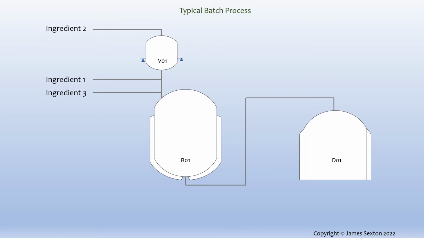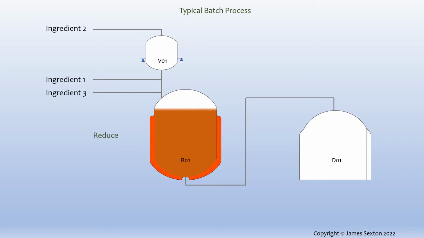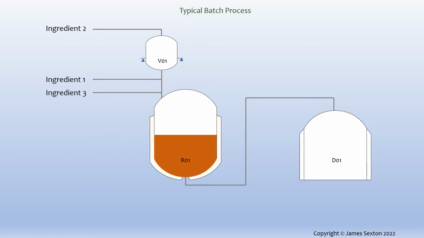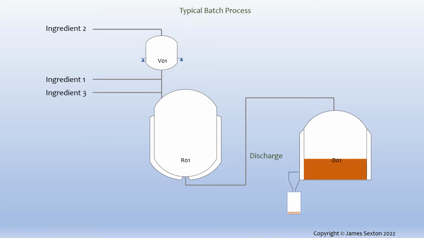Here's a simulation of a typical small-scale batch manufacturing process with some common activities, like quantifying and adding ingredients, multi-step processing in a general-purpose reactor, transferring between vessels for different types of processing. And finally, storing a fixed lot of the product with a unique reference for traceability. This would be a typical batch process.